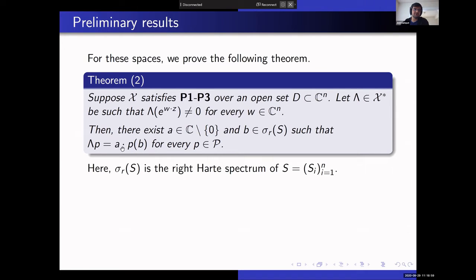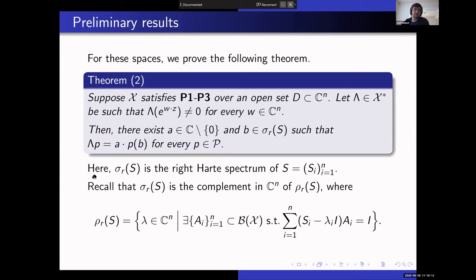So it's a constant multiple of a point evaluation at that point b. Note that we cannot guarantee that b belongs to D directly, and I'll talk a little bit about that after the proof of the theorem.